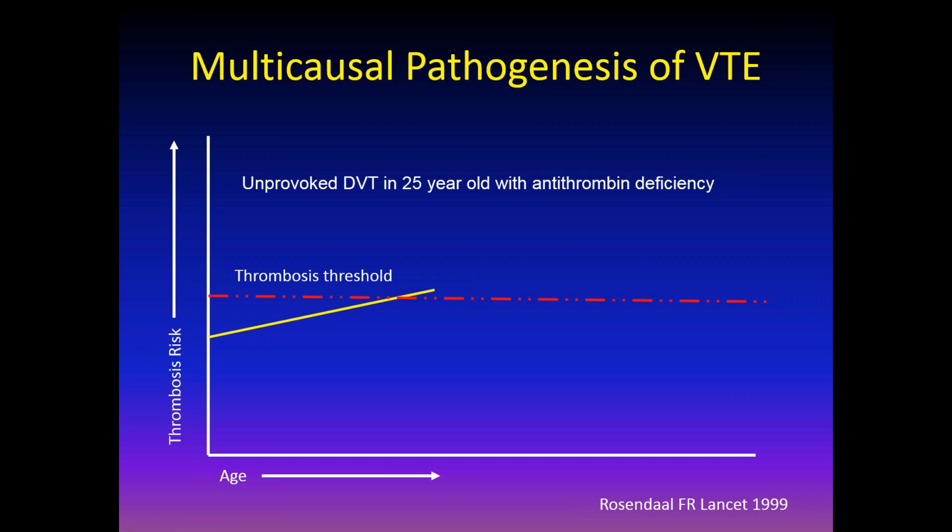So when we think about thrombophilia, you have to think about which intrinsic risk factors patients have, such as antithrombin deficiency, and then what additional environmental risk factors are present, and try to get rid of those so you can reduce their risk of thrombosis going forward.